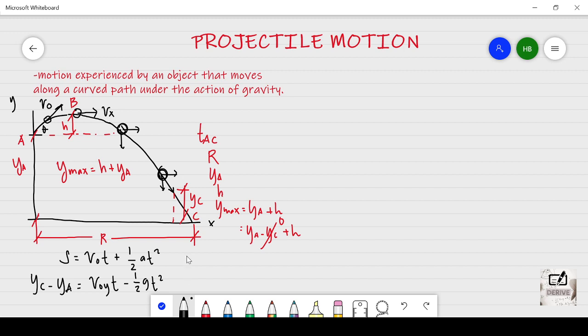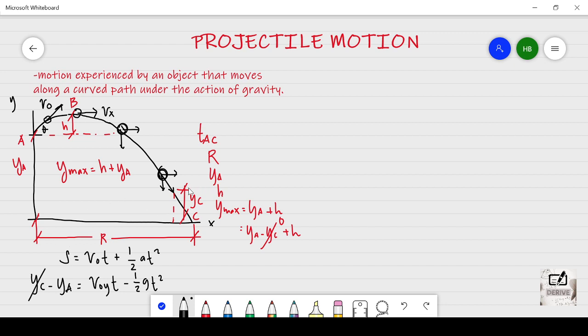What we are going to find here is the total time of flight, which is the t. Since you have no YC, just equate it to 0, so you have your negative YA. Obviously, when a problem has a downward motion, your elevation here will be negative, because it is displacement.